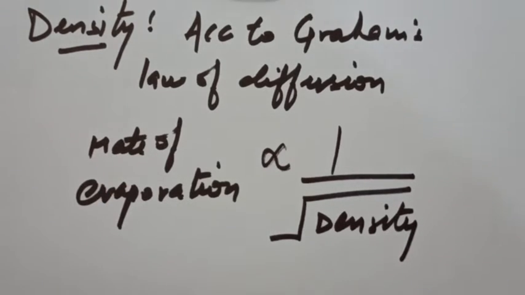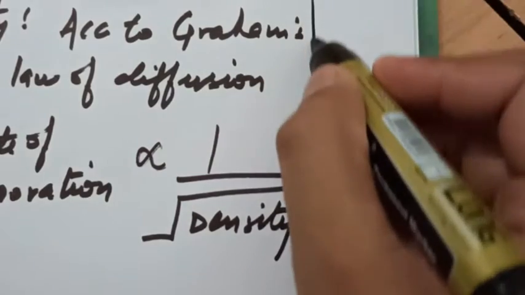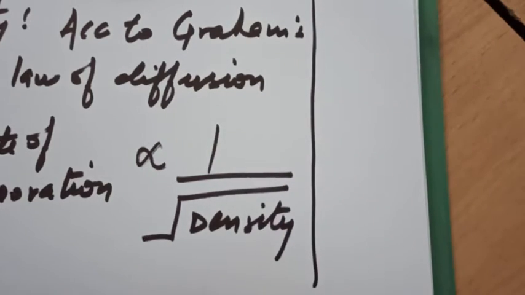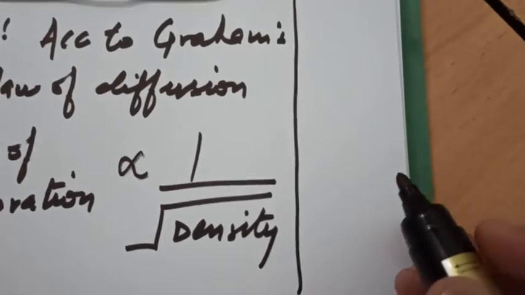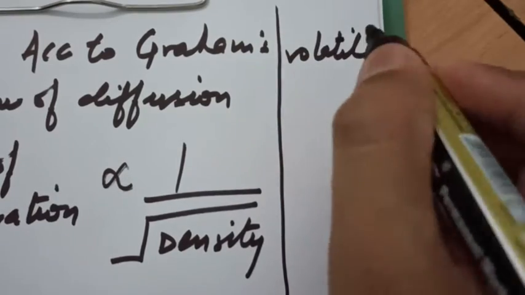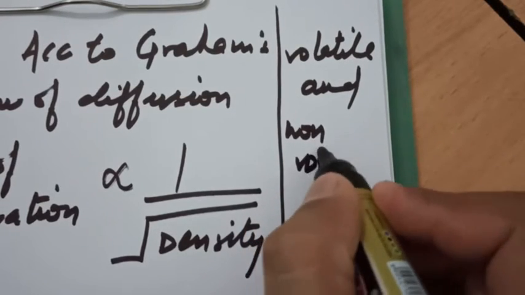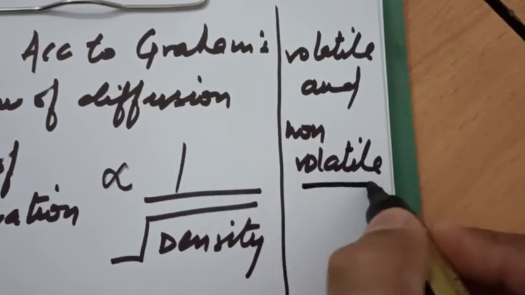For example, there are two types of substances: volatile and non-volatile.